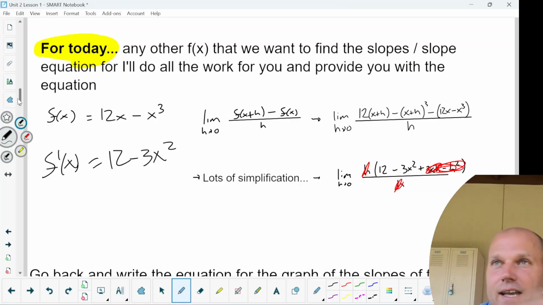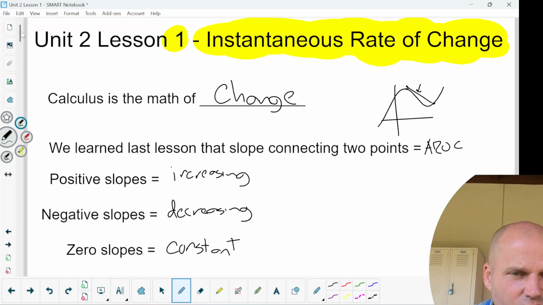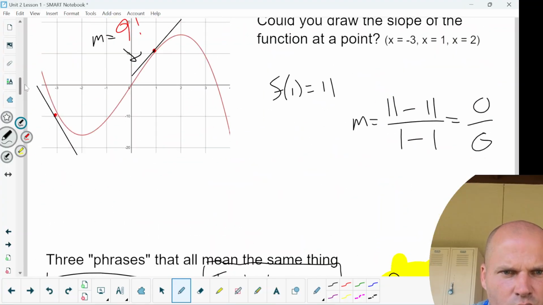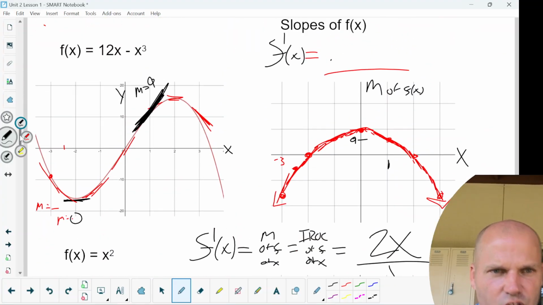Cool? You can go back and see the graph that we sketched. Turns out this graph from the previous page, the graph of the slopes, this is 12 minus 3x squared.